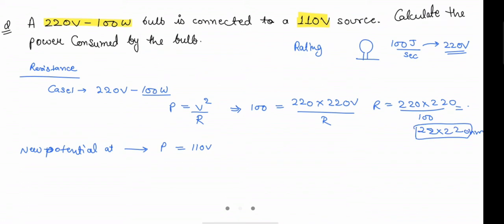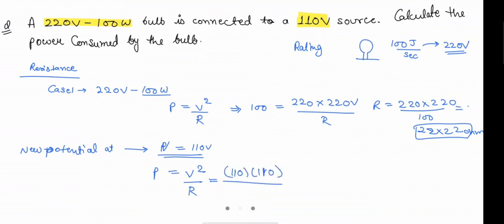Now I have to find the value for the new power. The new potential is 110 volt. Let's put this potential in the formula: power is equal to V square upon R. Instead of writing 220, I will be writing 110 multiplied by 110.